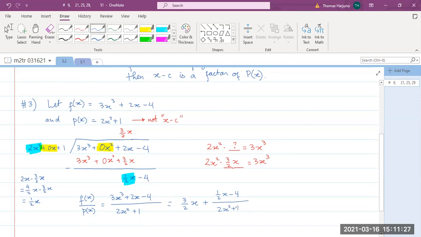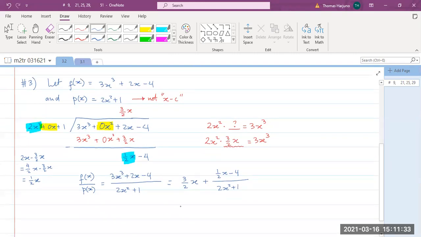Now we can also say that 3 halves x is the quotient and 1 half x minus 4 is the remainder.